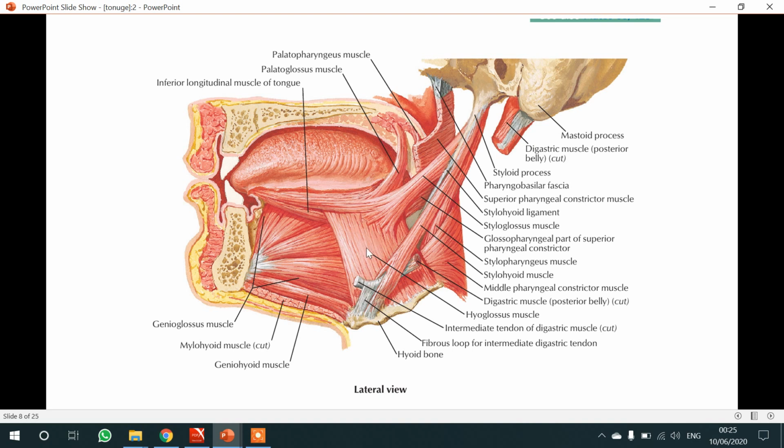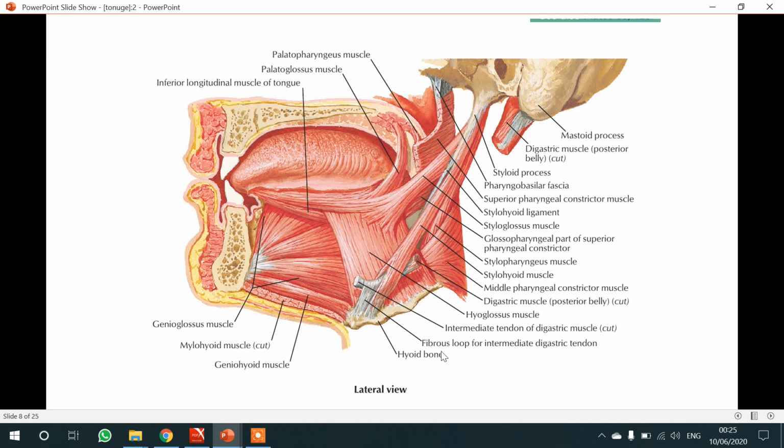So whenever we have one hyoglossus on the right side and another on the opposite side, whenever these muscles contract, they are going to depress the tongue and pull its lateral edges downwards.